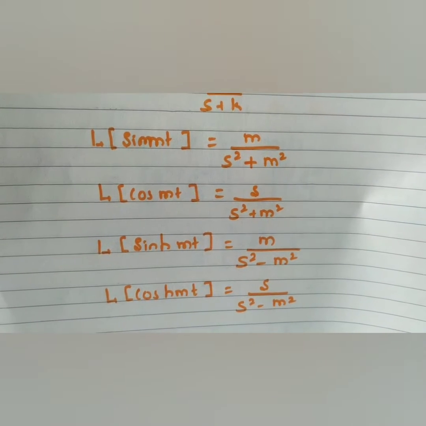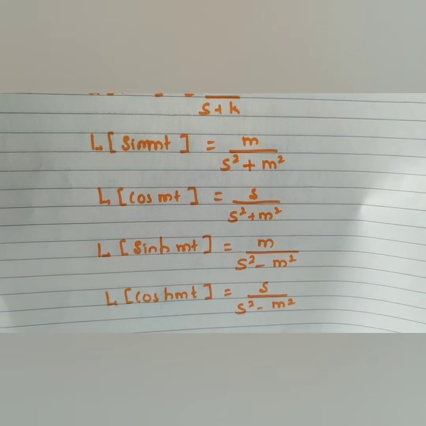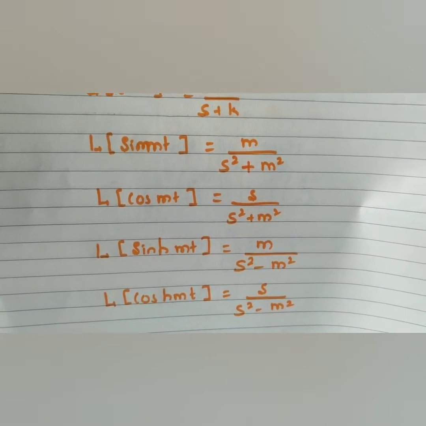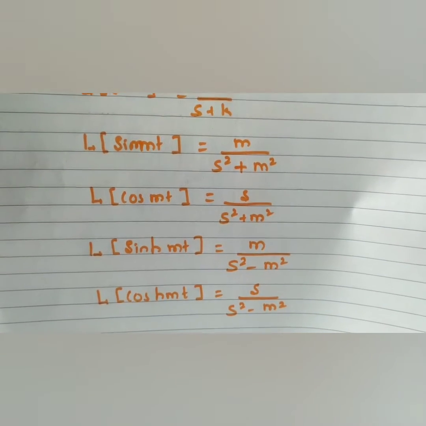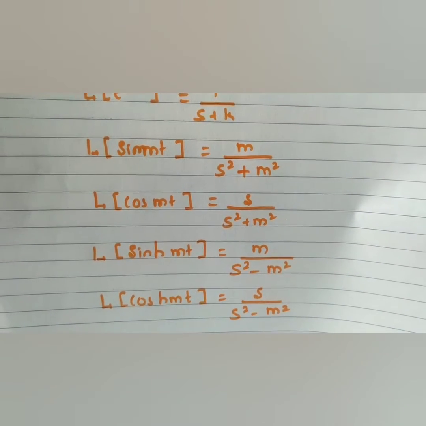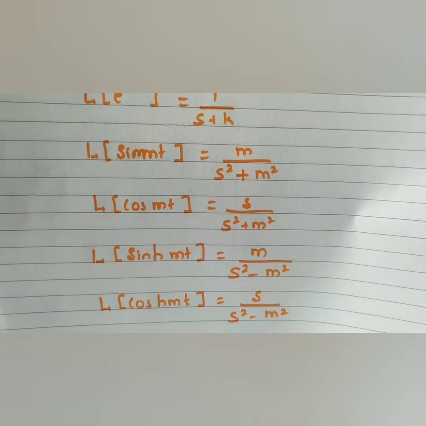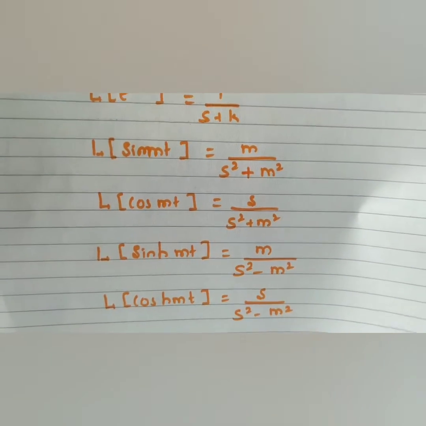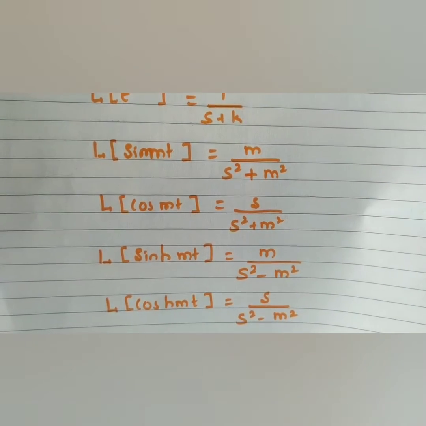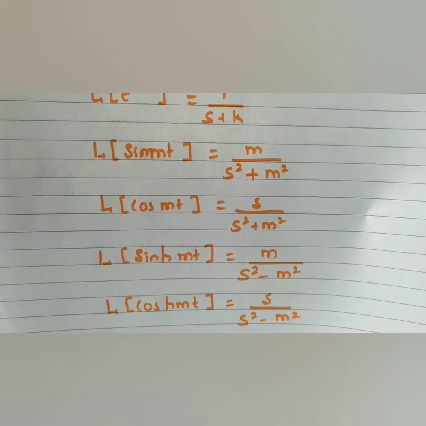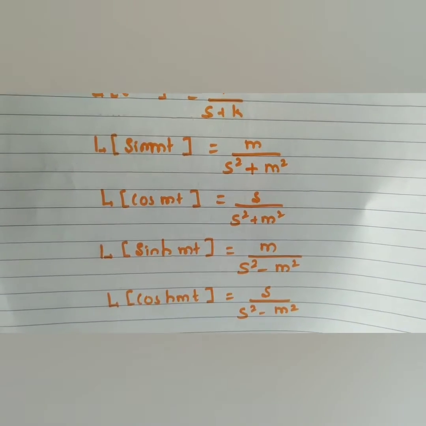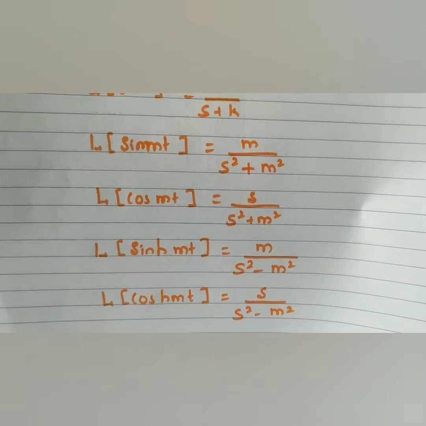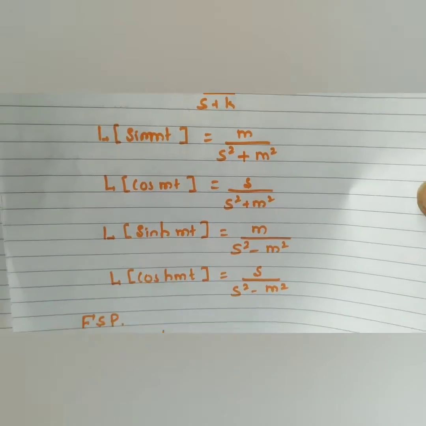You have to observe the sin mt, cos mt, sinh mt and cosh mt results. There is a little bit of difference in sin mt and sin hyperbolic mt: m appears in the numerator, and in cos hyperbolic mt and cos mt, s appears in the numerator. Observe once again, and remember these things.